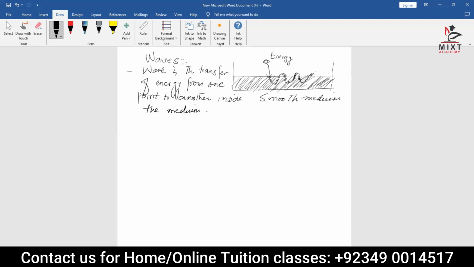Second important thing is, when I say it was a smooth medium, it means you didn't disturb the particles of the medium. But as soon as you threw the energy, I mean, you threw the pebble or the stone into the smooth medium, you disturb the medium. And when you disturb the medium, ripples start producing.